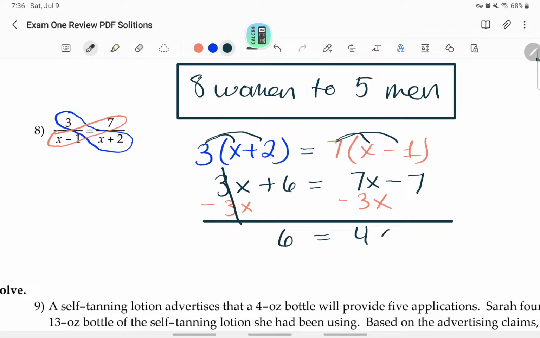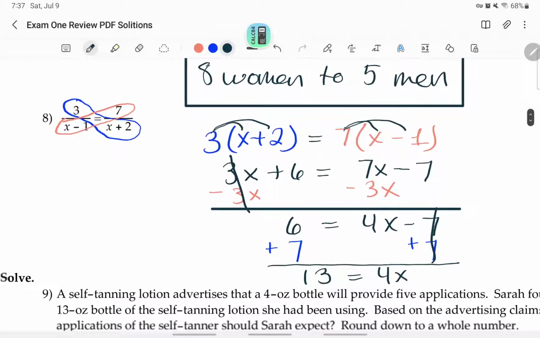That's 4x. Now, before I continue, put my minus 7 down here. Remember, the goal is to get x by itself. Let's add 7 to both sides. 6 plus 7 is 13. These cancel out. We have 4x on the right side.